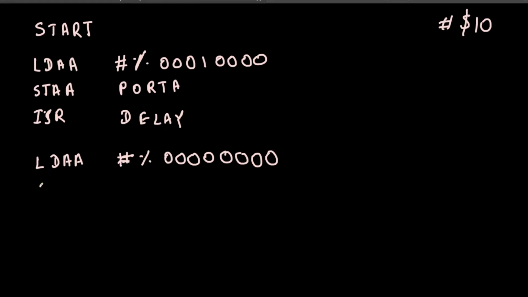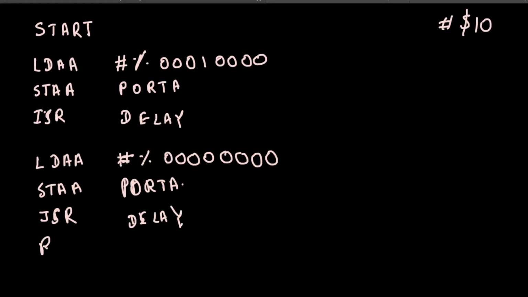Then store accumulator A into port A, and we use a subroutine, JSR delay, and then BRA, branch to start. And the next part of the program continues down.